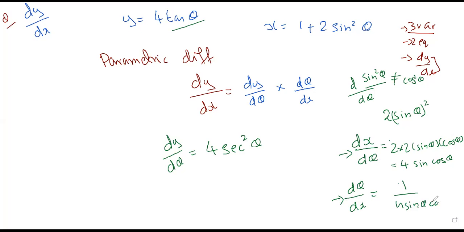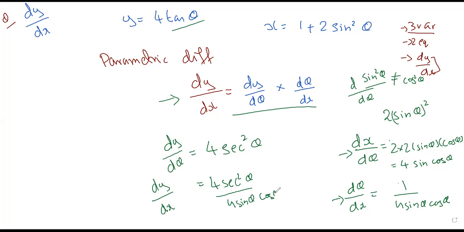Very good. So what would be dy by dx? This is the formula. You simply have to substitute. So it will be 4 sec square theta by 4 sine theta cos theta. Very good.